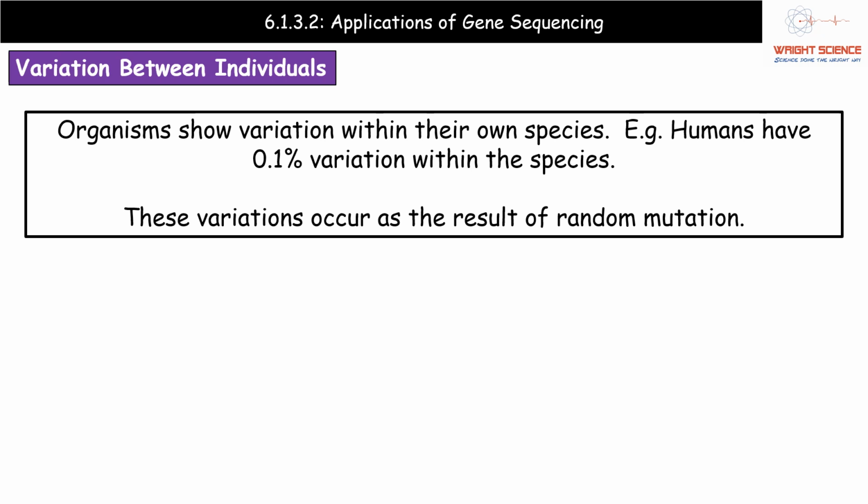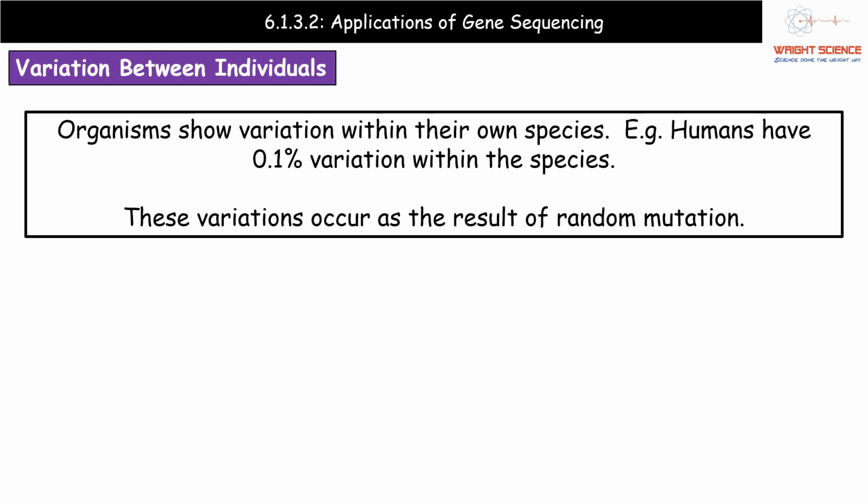And that's tiny. If you think about just how different you are from other people in your class, assuming you've not got an identical twin in the class, of course, then all of those differences that you can see, and obviously ones that you can't see, are down to just 0.1% of the genome showing that variation.